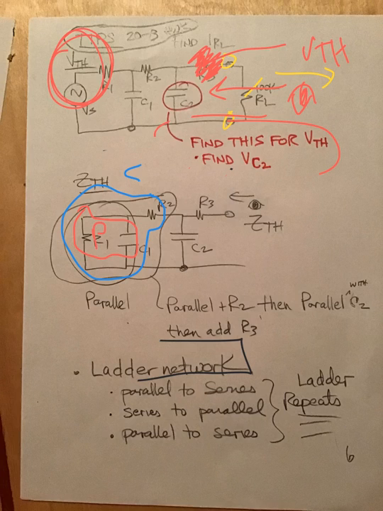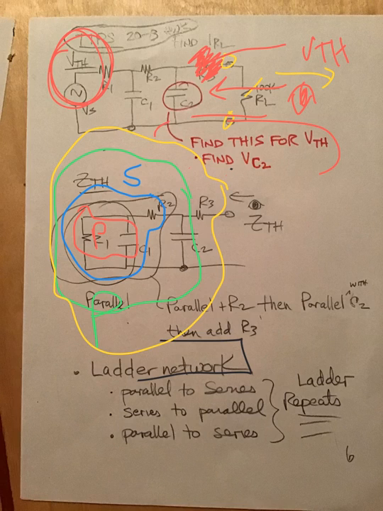You use the series formula for the blue. Then you grab the capacitor here on the outside, and you're back to parallel, and then you grab one of the only colors I got left, R3, and you grab everything else that you compressed, and you're back in series. So it's parallel to series, series to parallel, parallel to series. This is what ladder networks do. Good luck with your Thevenizing.